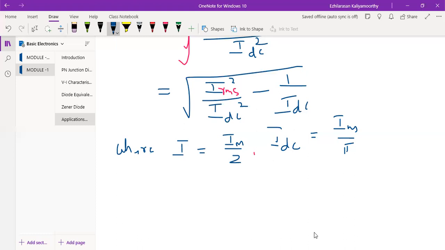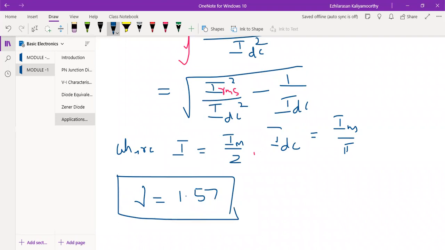Now substitute those terms over there. Then what will I get? 1.57. This is very, very important.